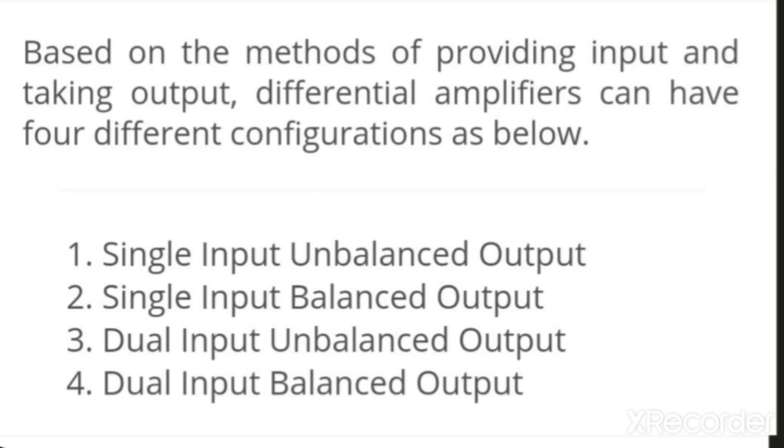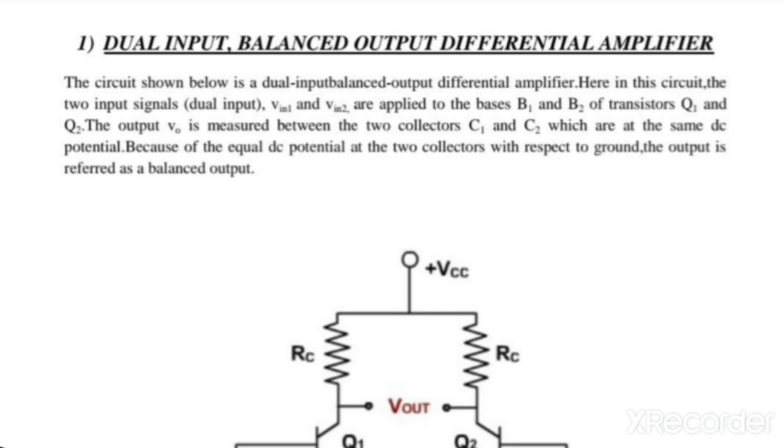These 4 configurations are single input unbalanced output, single input balanced output, dual input unbalanced output, and dual input balanced output. Out of these 4 configurations, we will discuss only dual input balanced output in detail. Dual input balanced output differential amplifier.